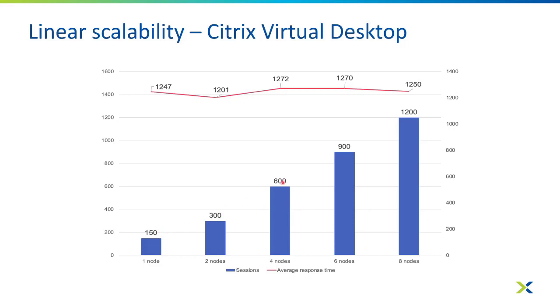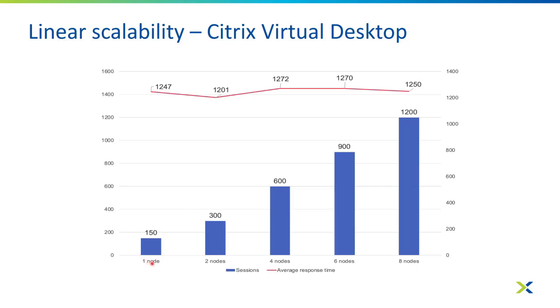We see a linear increase in the number of users, going from 150 to 1200. What we also see is that the response time stays pretty much the same across that deployment.